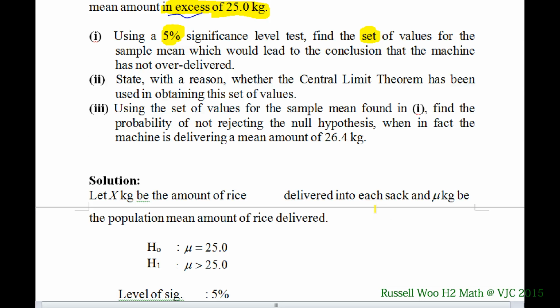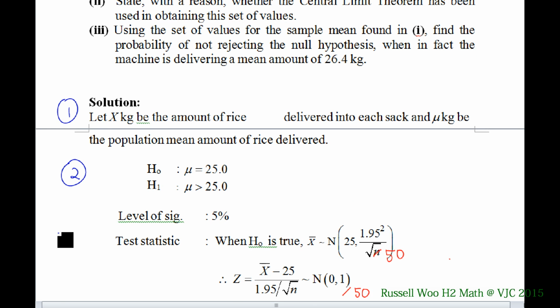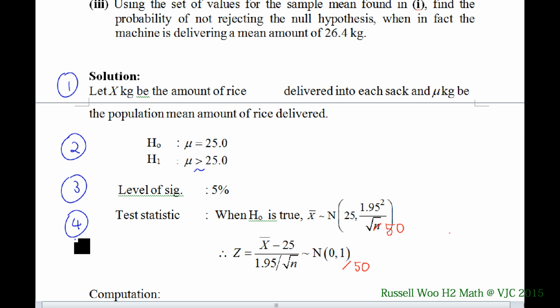Step 1, define random variable. Step 2, H0 and H1. One tail test, greater than. Step 3, level of significance. Step 4. Actually, if I want to be quick, I'll delete this.